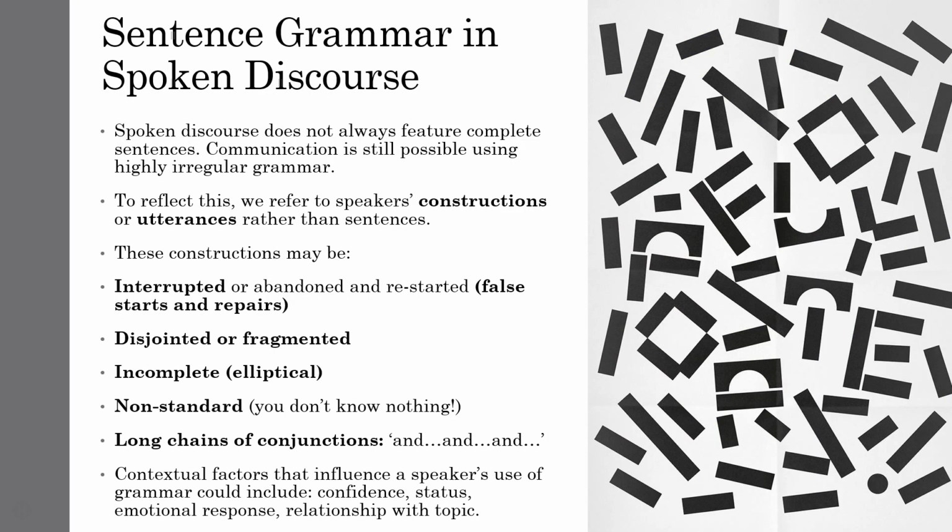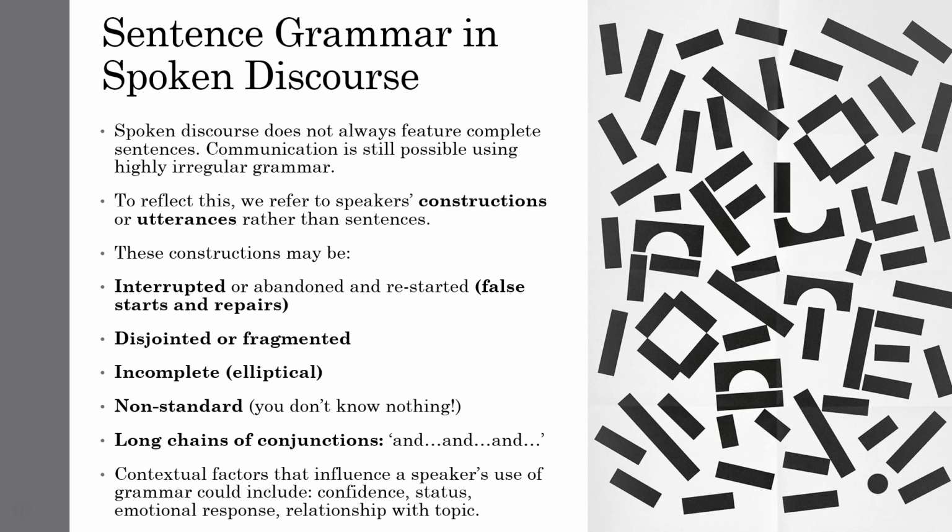The grammar of spoken language is drastically different, and one of the things that we observed in lesson 1 was that transcripted conversations and transcripted speech don't feature full stops or capital letters. We need not refer to spoken language in terms of sentences, because sentences are a feature of written language and not spoken language. We do not speak in sentences.